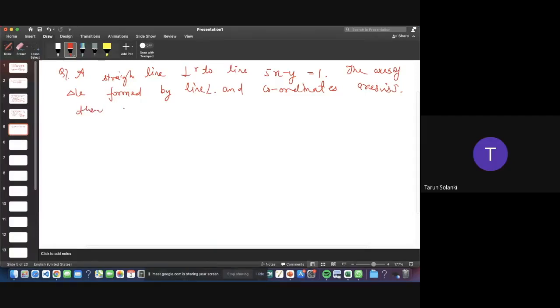Then we have to find the equation of the line. Try to solve this question, then we will look at it.